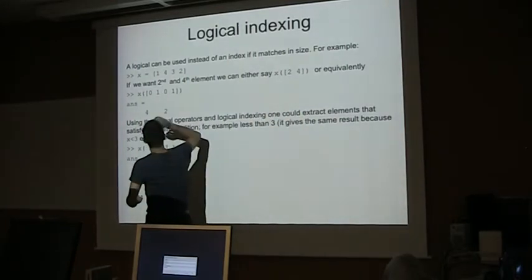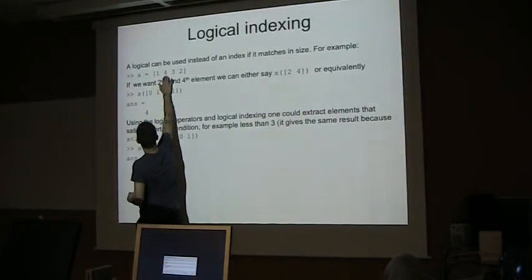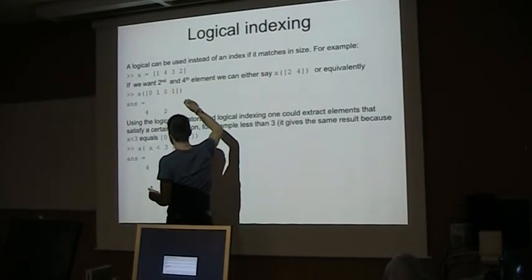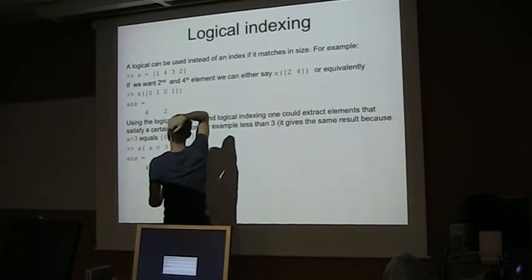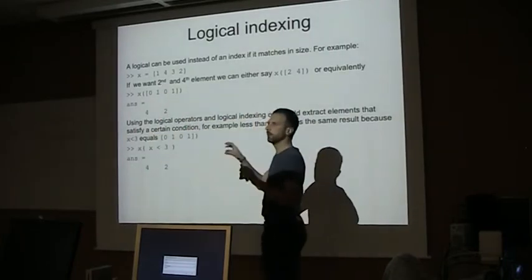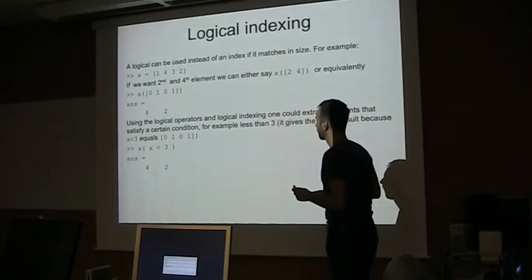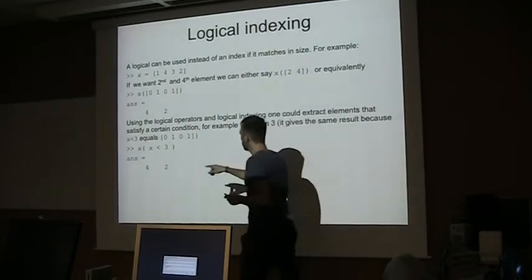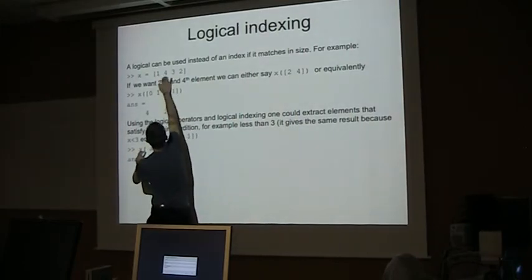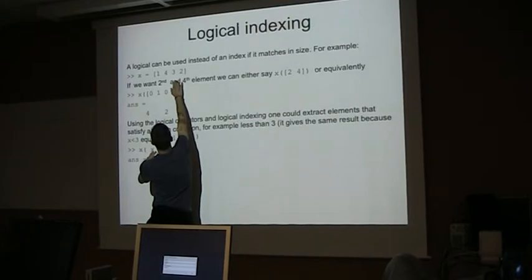So I have x here, and now I'm using, there's a little mix up with names, but basically I'm using a logical operator inside of a logical operator. I want to look at x is this one, where x is smaller than 3.